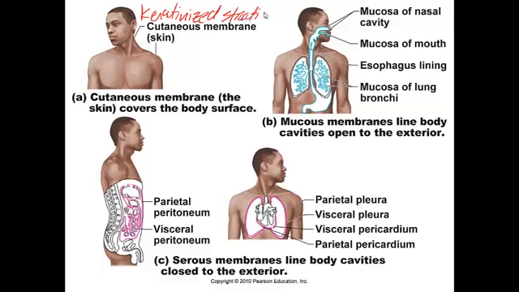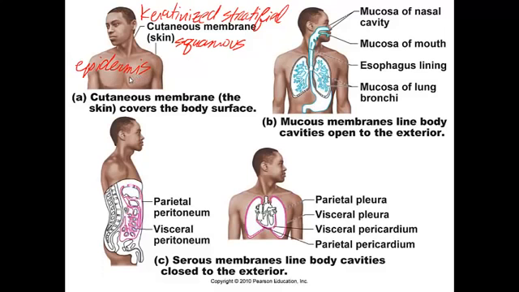So keratinized, stratified, squamous, remember, means that it's many layers thick, and keratin is a tough fibrous protein that is going to give the epidermis, which is the cutaneous membrane, the characteristic of being very, very strong and for protection. So the epidermis, again, is the cutaneous membrane.